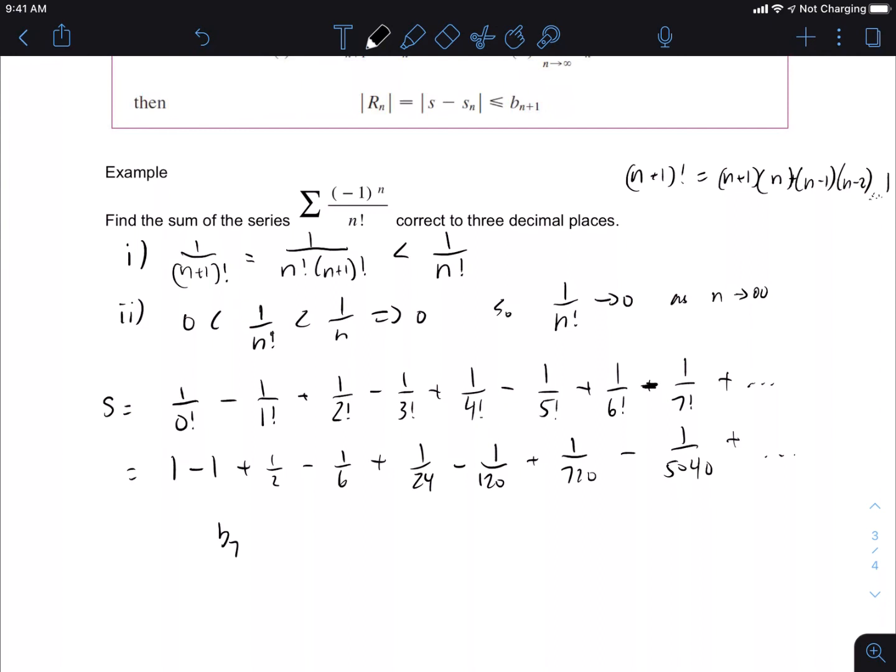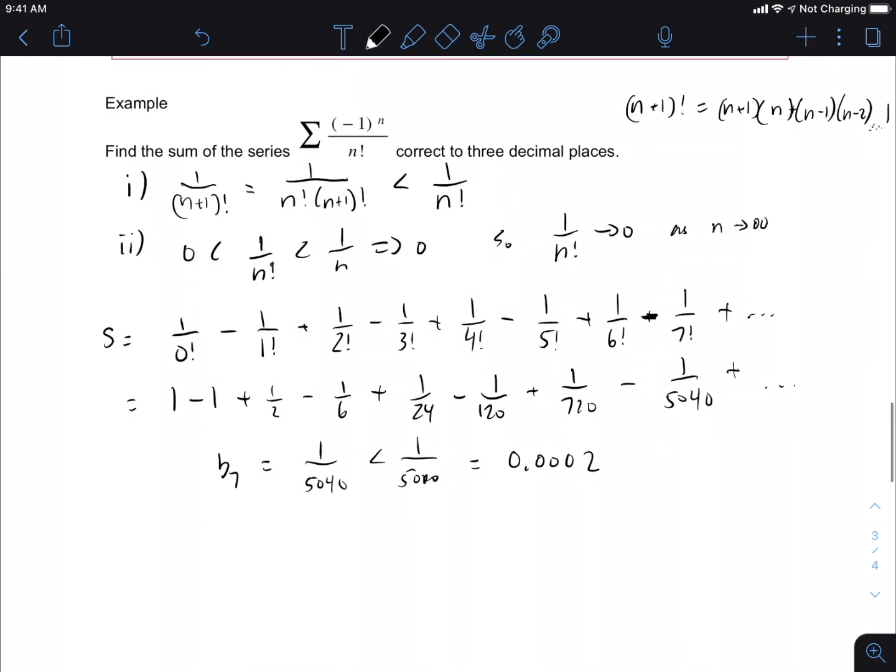So we see that b sub 7 is equal to 1 over 5,040. Well, that's smaller than 1 over 5,000, which would have been 0.0002. And we see that S sub 6 is 1 minus 1 plus 1 half minus 1 sixth plus 1 over 24 minus 1 over 120 plus 1 over 720, and that approximates to be 0.368056.